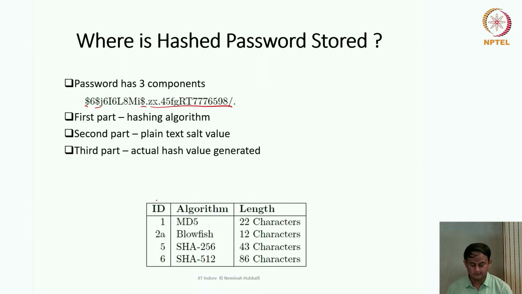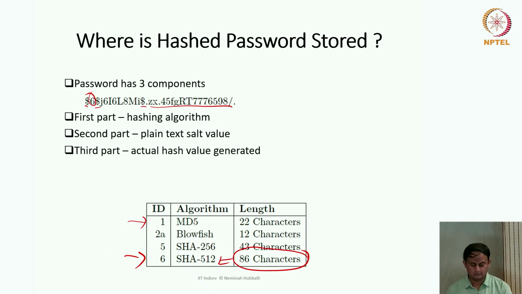If the number here is 1, that means the hashing algorithm used is MD5, which generates a 22 character hash value. In this example the number is 6, which indicates that the hashing algorithm used to hash the password is SHA-512. This is the 512-bit hashing algorithm that generates an 86 character hash value.